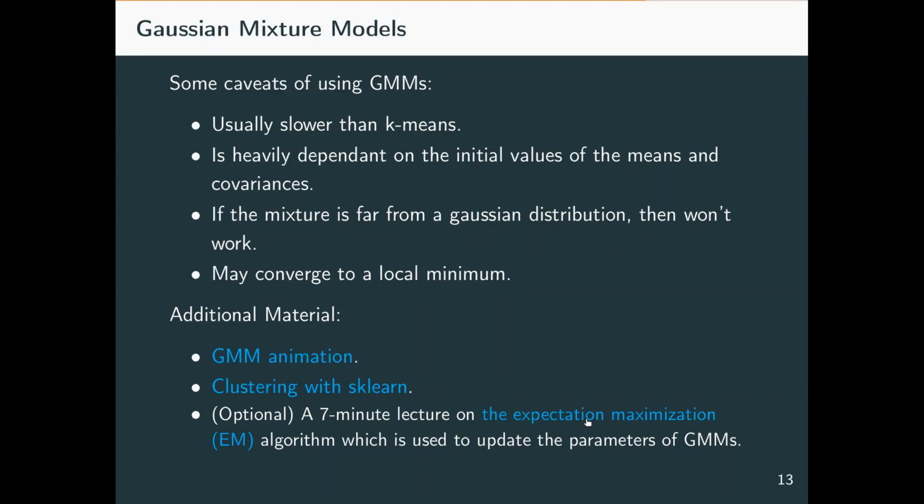Also, this 7-minute lecture on expectation maximization is a very good one if you are interested in learning more about how GMMs work, underlying all that. But again, you will not need to implement the algorithm itself. scikit-learn already has it. So, any questions about GMMs?